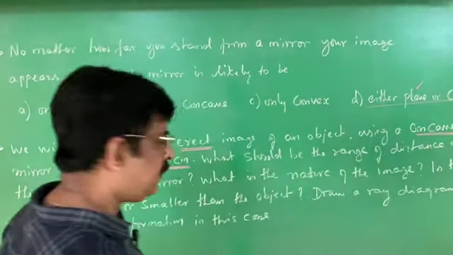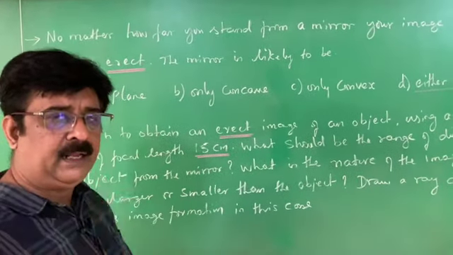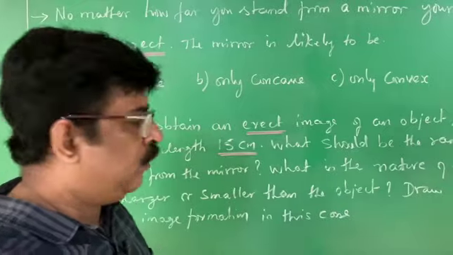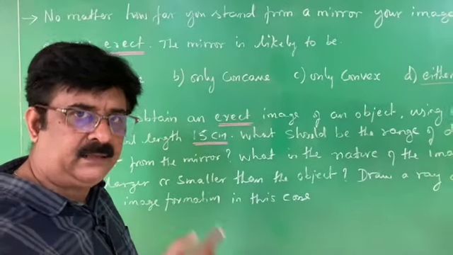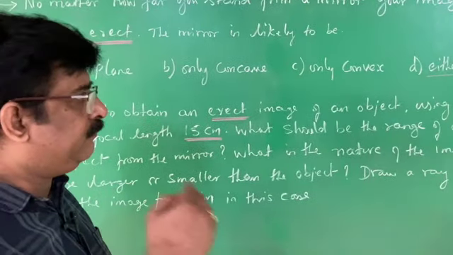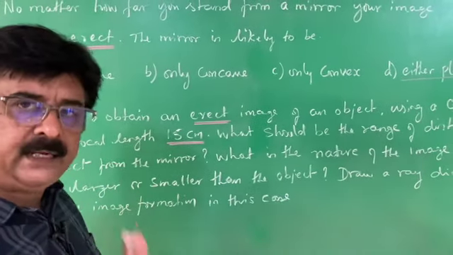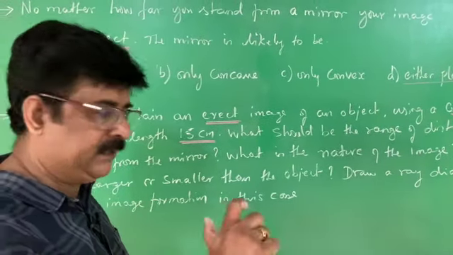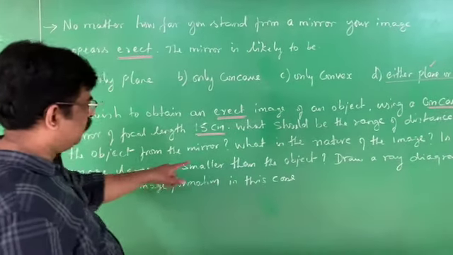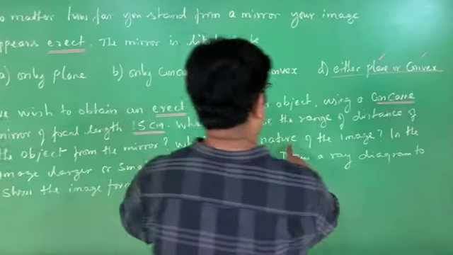Simple. Understood? Concave mirror produces erect image when the object is placed between P and F. What is the F given? 15 centimeter. Therefore, within the range less than 15 centimeter in front of the concave mirror, we get an erect image. Up to 15 centimeter we can keep. The second part of the question is, what is the nature of the image?